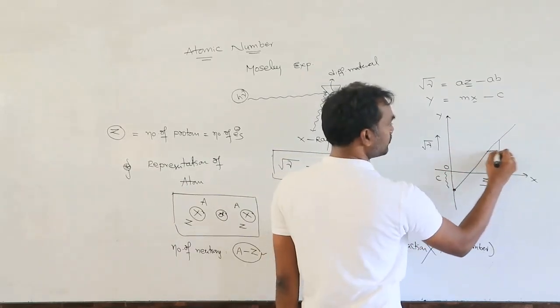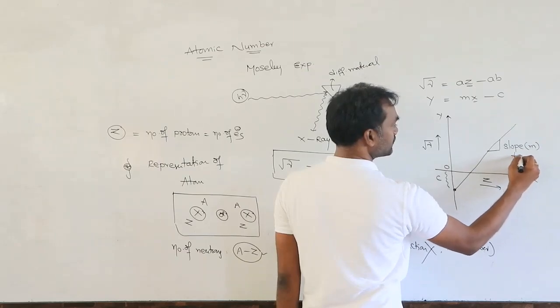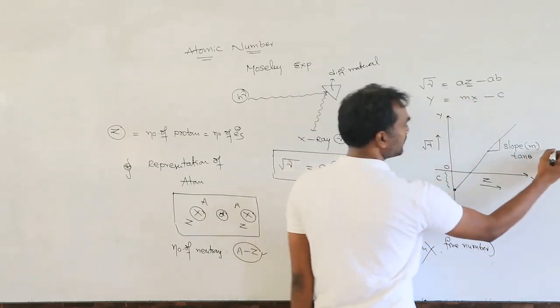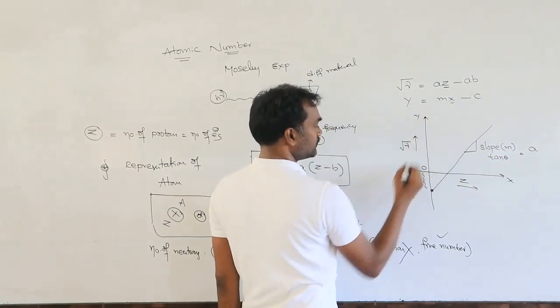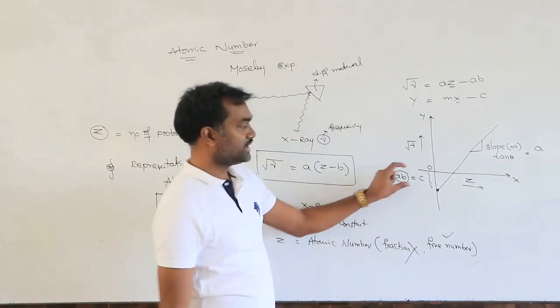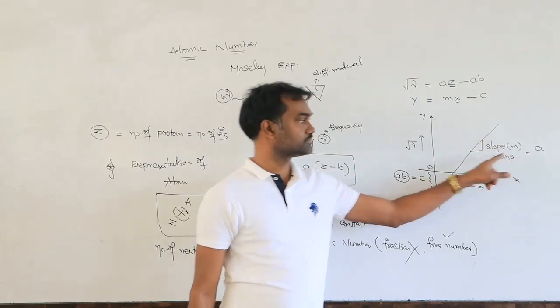Next, the slope m, otherwise tan theta, is A. The intercept value is AB, and the slope is A.